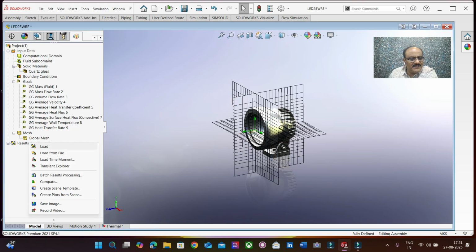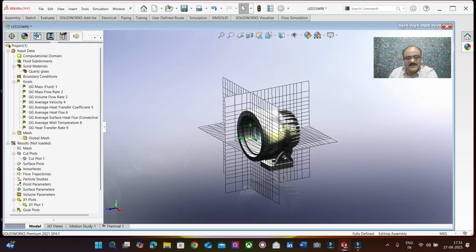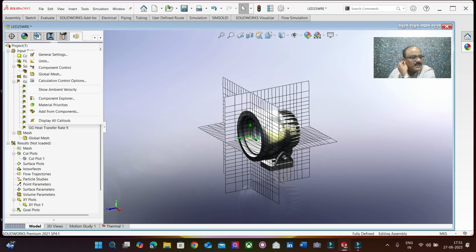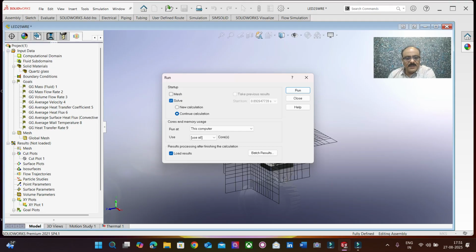Then let me run the simulation once again so that we'll be able to better view the system. Now I'm going to calculate.